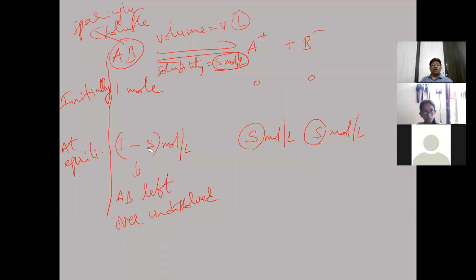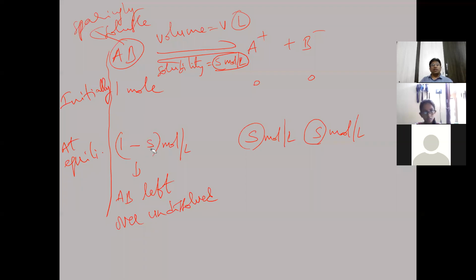The solubility will be constant for AB. For this compound AB, the solubility S value will be constant. When one student dissolves AB in a solvent, S will be dissolved. If another student dissolves the same solute in the same volume also, we get only S dissolved.